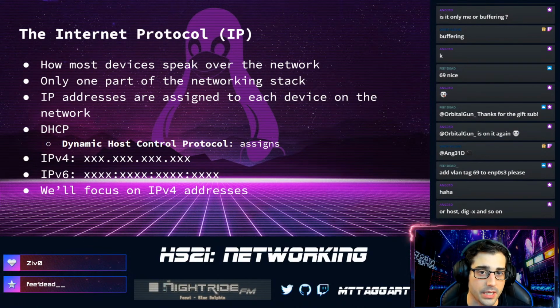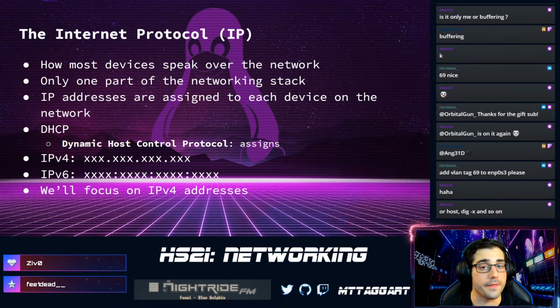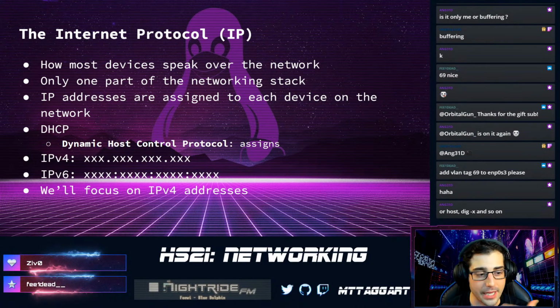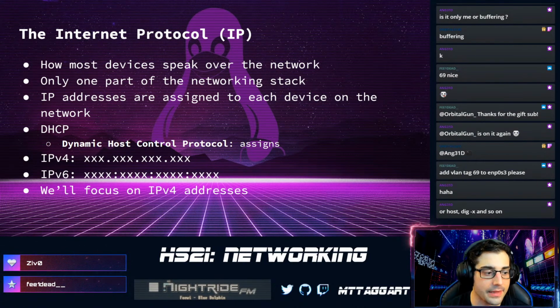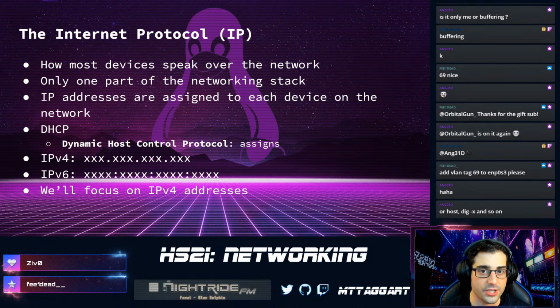What DHCP does is it says, hey, I'm here, I'm on the network, give me an IP address. The DHCP server on your network will look through its pool of available IP addresses, select one, and give it to you. And that is how you generally would receive an IP address over a normal DHCP-enabled network.